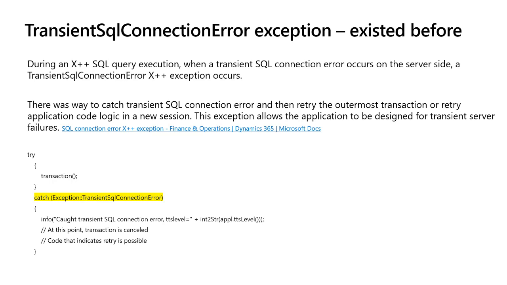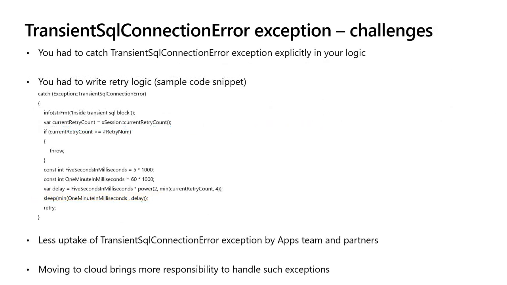Now, what is the challenge with the transient SQL connection error exception that we had? One thing that we have been seeing, looking at the telemetry and the complaints, is that adoption of this transient SQL connection error has been very low in the code.